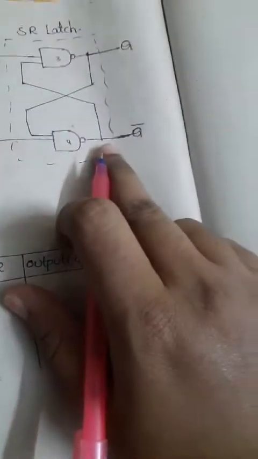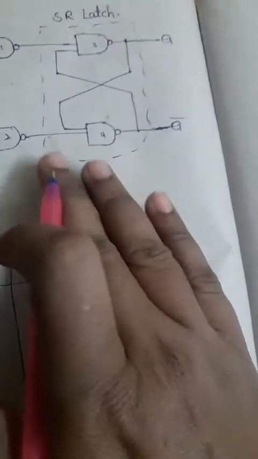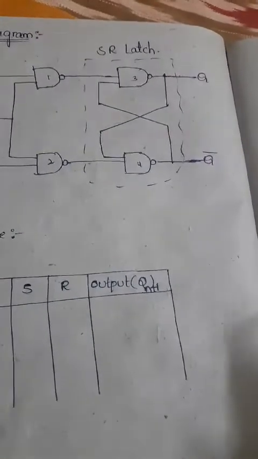So the outputs of the first 2 gates are connected to one input of these 2 gates, and the other input of these 2 NAND gates comes from here. This input comes from here and this other input comes from here. So totally we have 2 outputs, Q and Q complement.